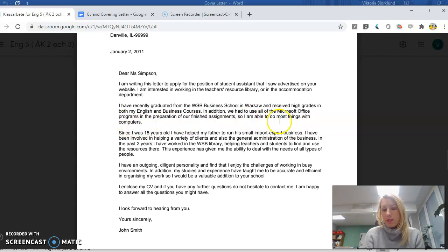So that's something positive. So this person mentions that he received high grades. He also mentions that he's able to work with computers. So now you need to think about your positive qualities. What can you mention?